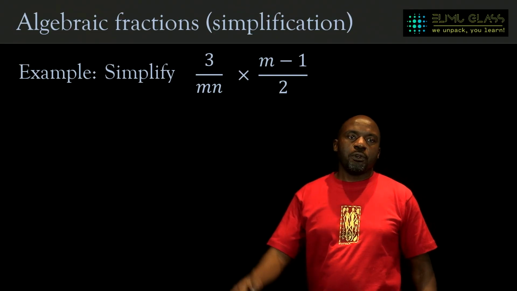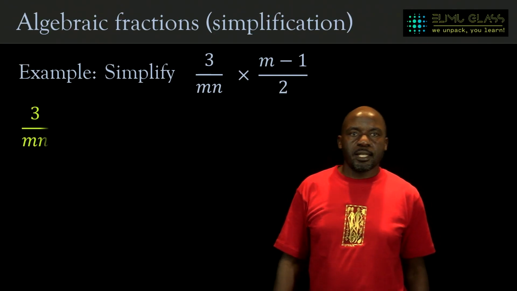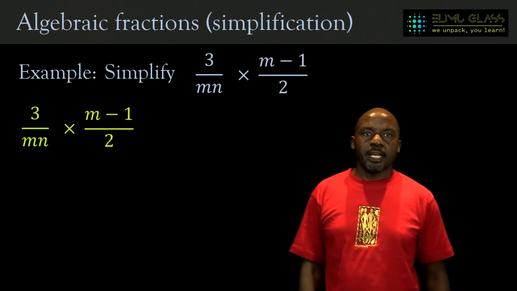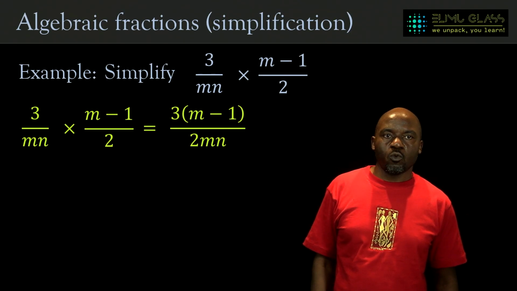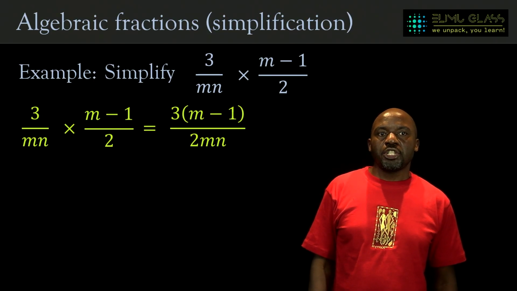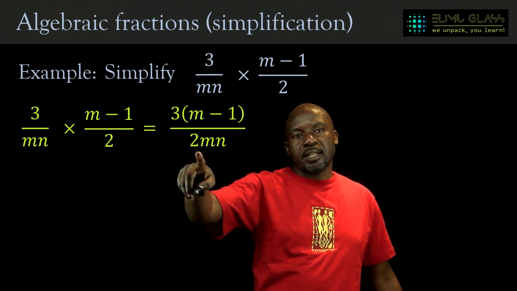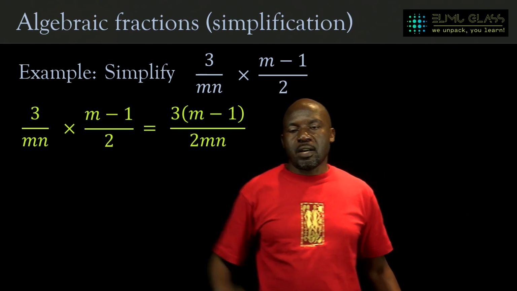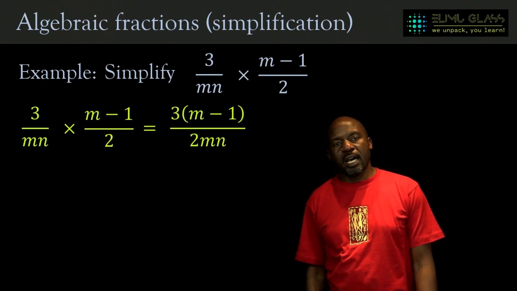Okay, so what we do here is just multiply the numerators and multiply the denominators like this. So that becomes 3 into m minus 1 divided by 2 times m times n. Notice that when we write this, the number comes first and the letters are also expressed in the order that they are in the alphabet.